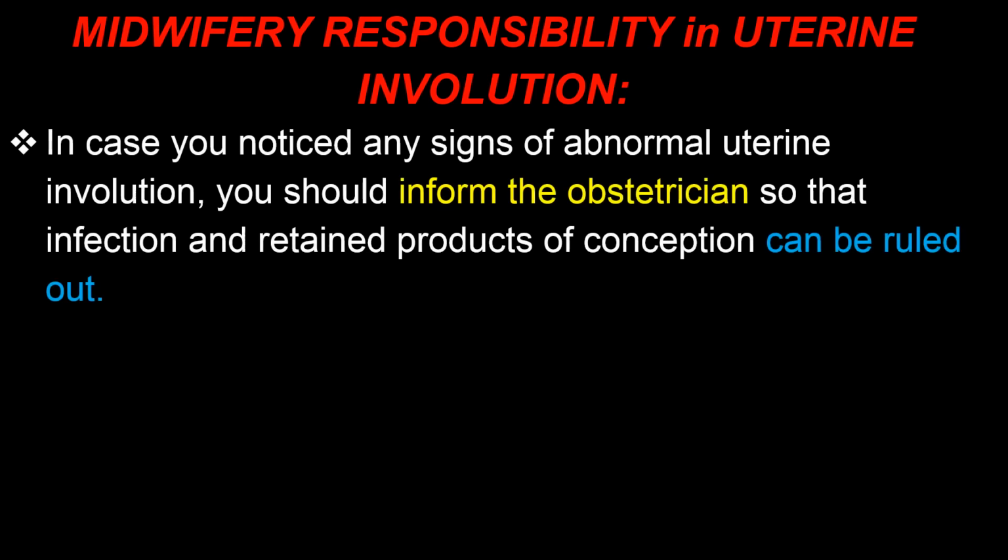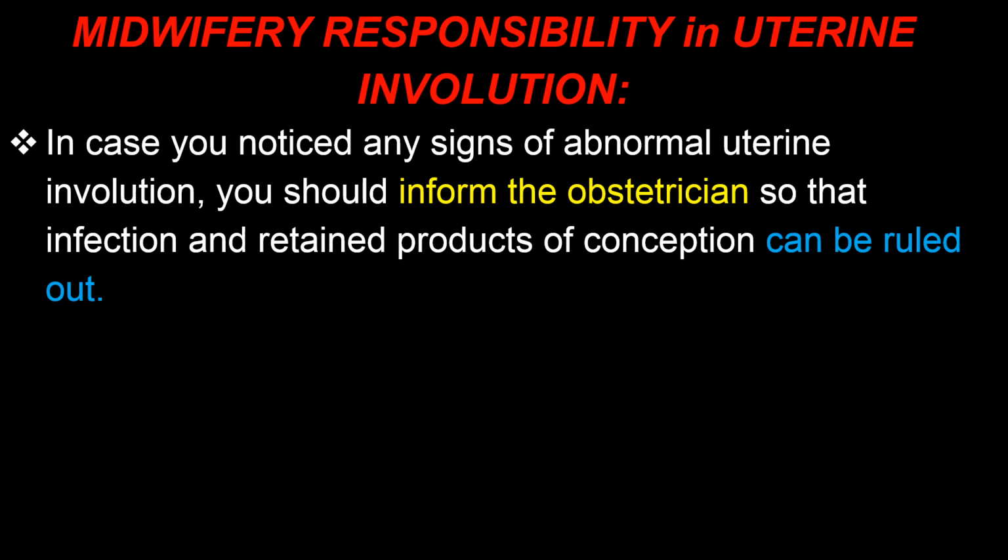Now, what are the different midwifery responsibilities that we should do to assist the patient during her uterine involution? Number 1, in case you notice any signs of abnormal uterine involution, for example the patient's uterus is not contracting, you should inform the obstetrician immediately so that infection and retained products of conception can be ruled out. Always remember that a relaxed uterus may be caused by, number 1, retained placenta, or number 2, infection.